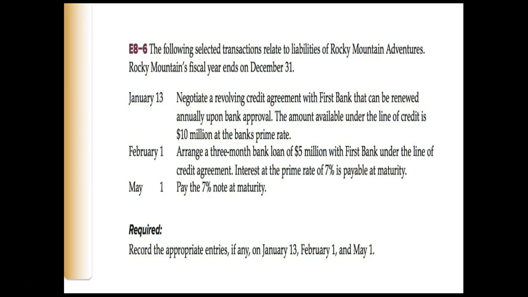The amount available under the line of credit is $10 million at the bank's prime rate. February 1st, arrange a 3-month bank loan of $5 million with First Bank under the line of credit agreement. Interest at the prime rate of 7% is payable at maturity. And then May 1st, we pay the 7% note at maturity. So our job is to record the various entries on each of these dates.